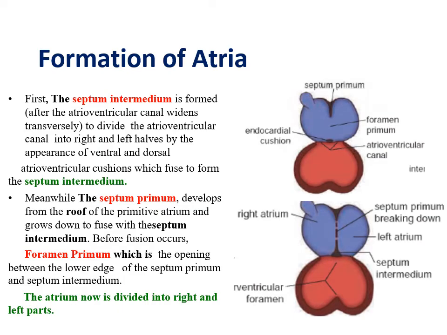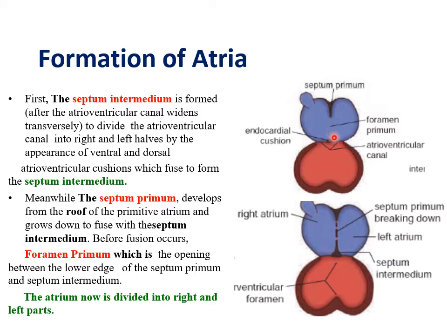Now let us come to the atria, the right and left atrium, and how they are formed. Firstly, we talked about the septum intermedium, which is formed to start the division between the atria and the ventricles lower down. This is the atrial aspect and this is the ventricular aspect, and this is the septum intermedium.